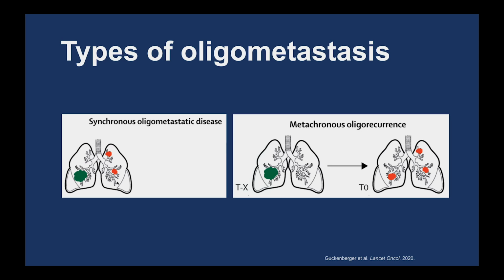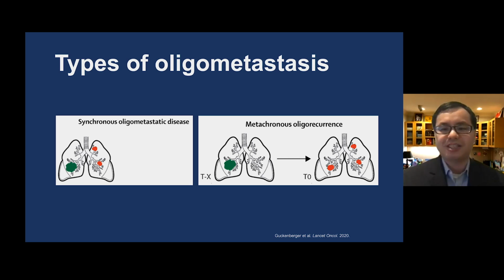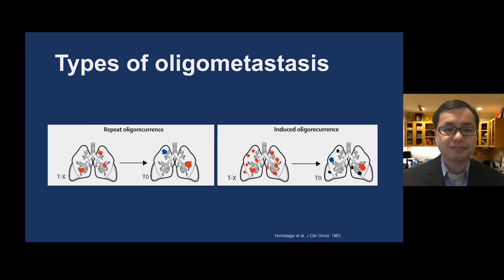In this example, you have an initial cancer that's been treated, and then some period of time down the road, other areas of cancer develop, but are still limited in number. Those still constitute a subgroup of oligometastatic cancer. But that time component can tell you a little bit about the biology of the cancer itself.